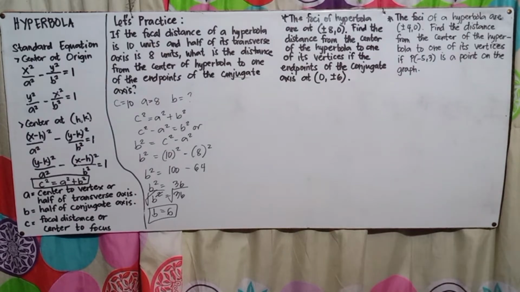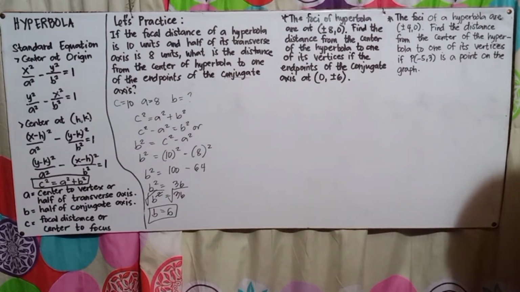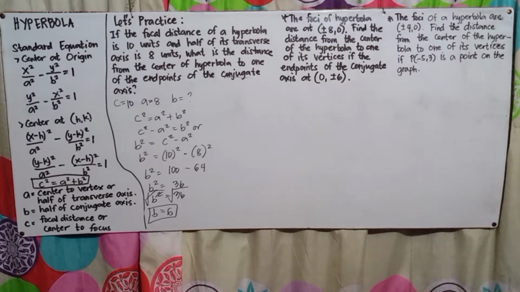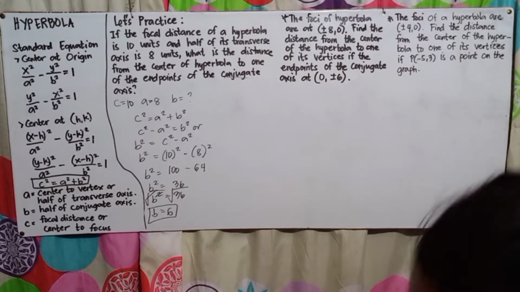Okay, next. The foci of the hyperbola are positive, negative 8, 0. Find the distance from the center of the hyperbola to one of its vertices if the endpoints of the conjugate axis are at 0, positive, negative 6. Okay, so let's compute.